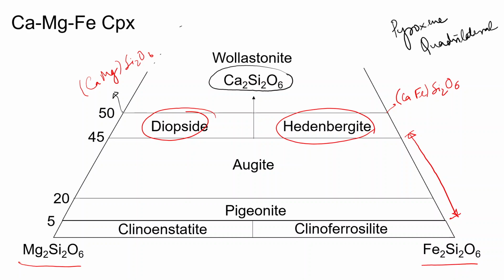So here the CPX is deficient in CaSiO3, so its composition can be plotted in the pyroxene quadrilateral. Imagine that if the content of CaSiO3 increases, then it will cross this quadrilateral and enter the wollastonite zone.